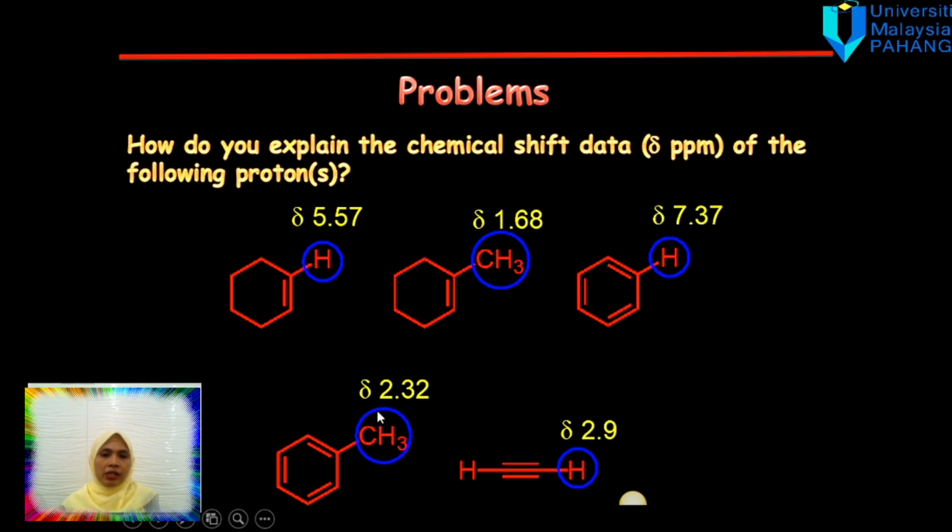That's why the chemical shift is 2.32. This chemical shift does not fall in the normal region, which is 0 to 1 for a methyl group, because it is attached to the benzene ring, and this C triple bond C is considered a saturated proton, which falls in the upfield region, 2.9.